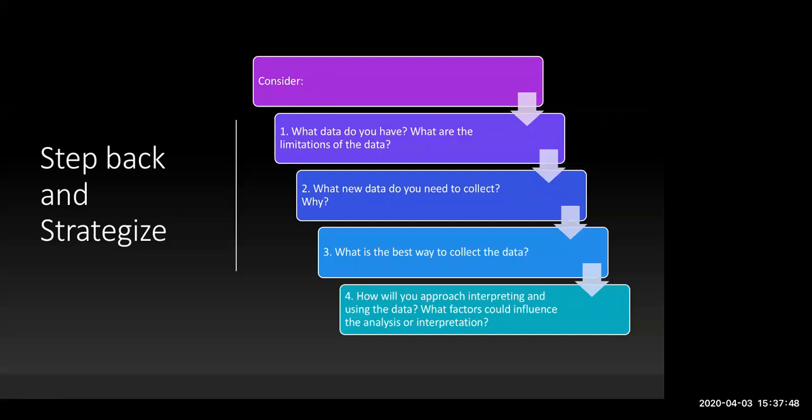So what new data then did WVU need to collect in this situation? They needed to talk to instructors to see why they felt students were struggling, and then also do focus groups with students. The best way to collect this data in this case really was to have some conversations around it via interviews or focus groups. And then that really gave them the full picture that they needed for an appropriate interpretation and really to move forward to solve this problem.